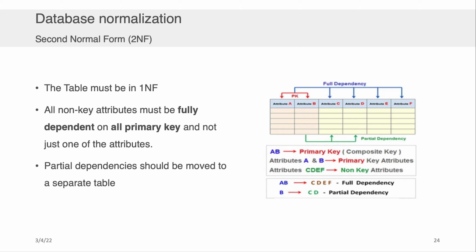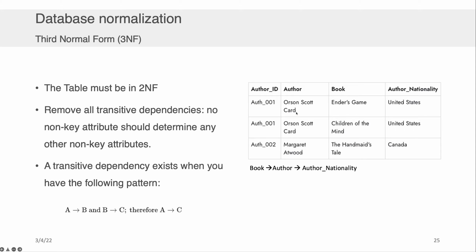To be clear, if you had a composite primary key, let's say A and B, what you can't have is a situation where C and D in this table are dependent on the value of B, not A and B together, but E and F are dependent on the value of A and B uniquely. That kind of partial dependency should be moved out to a second table.